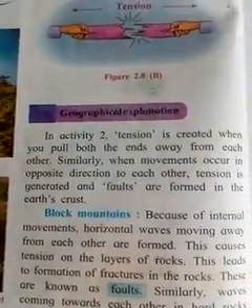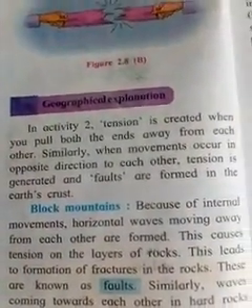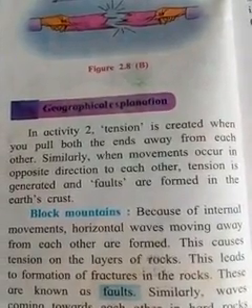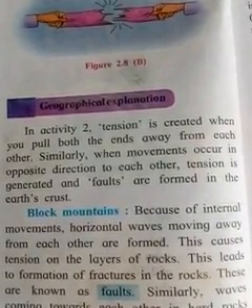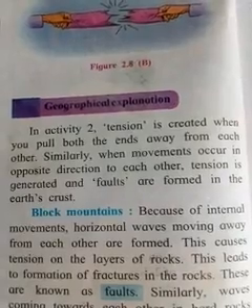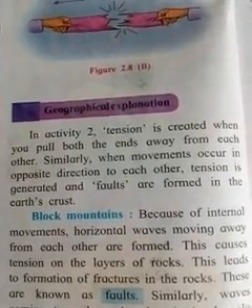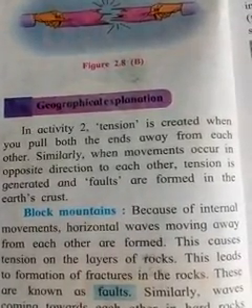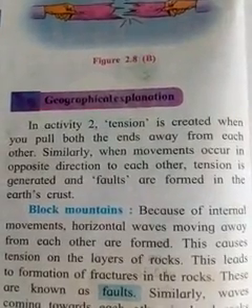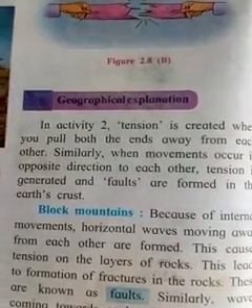That means here, given the Black Forest Mountain, because of internal movement in the interior of the earth, horizontal waves moving away from each other are formed.